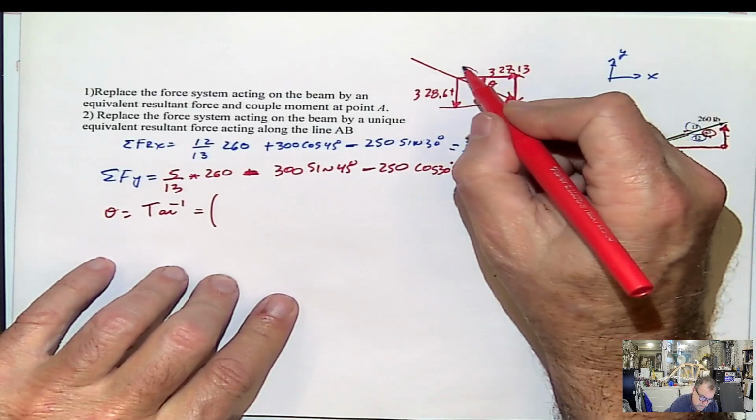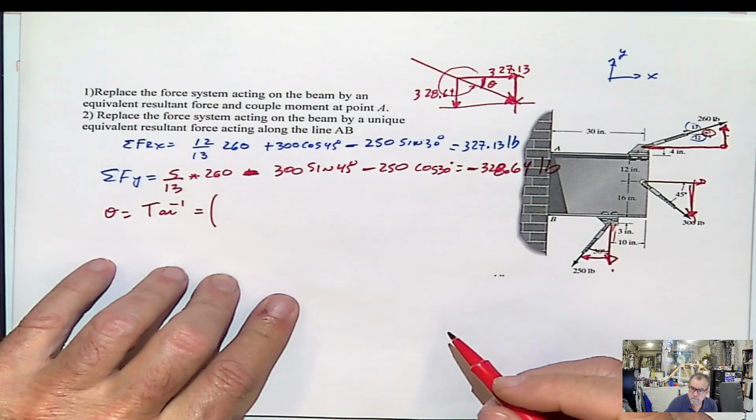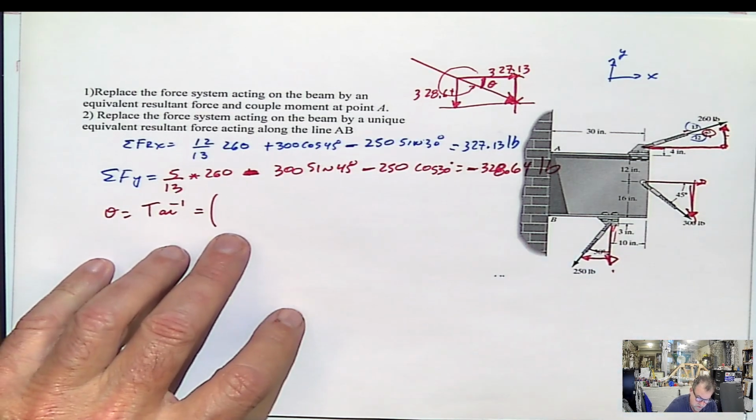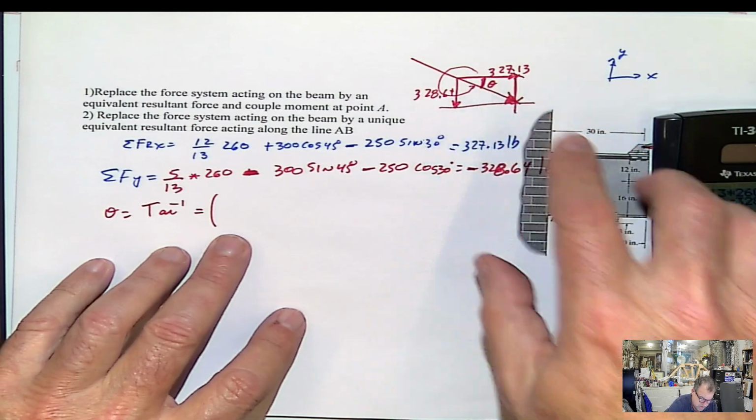If I want the direction, remember I have to go all the way from the positive x-axis, but I'm not calculating direction at this moment. I'm calculating just that angle over there.